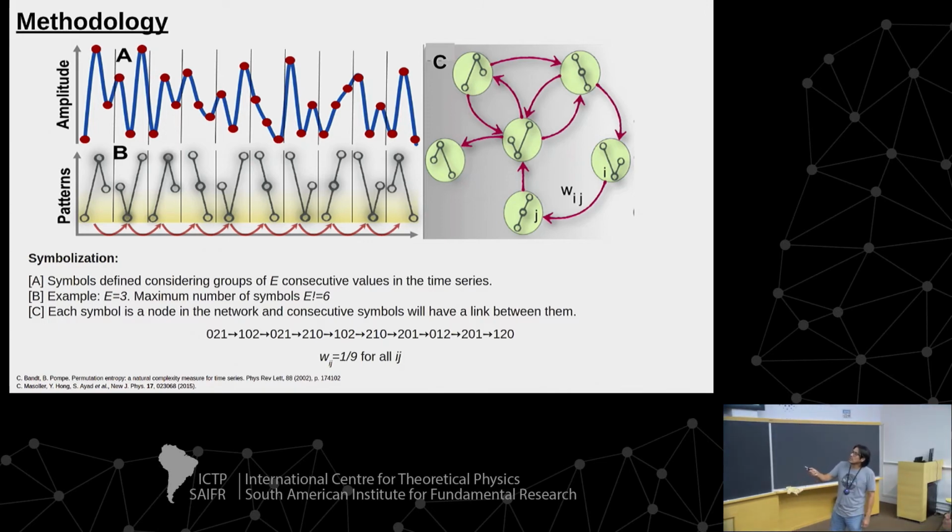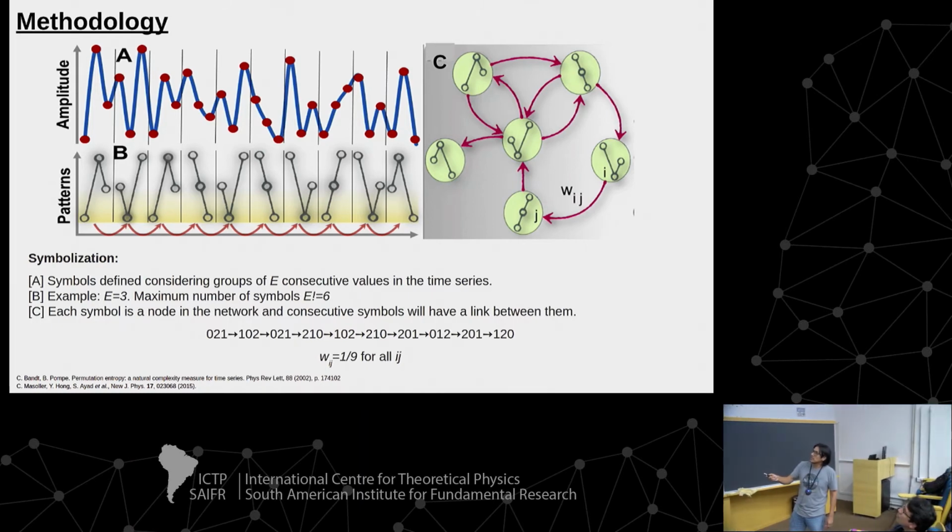So this particular pattern is going to be connected to this one with a weight given by the number of times these two patterns appear in sequence in the time series.